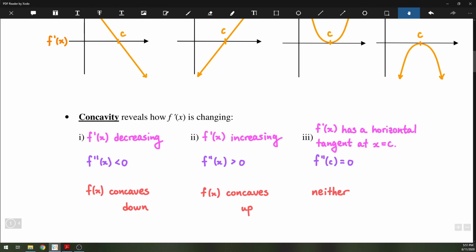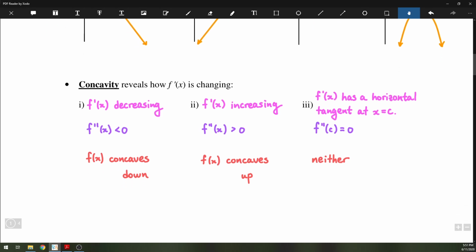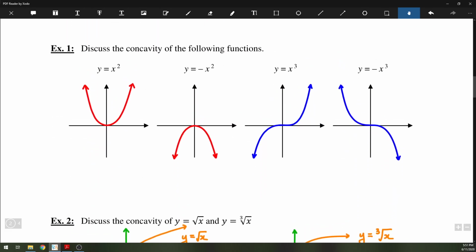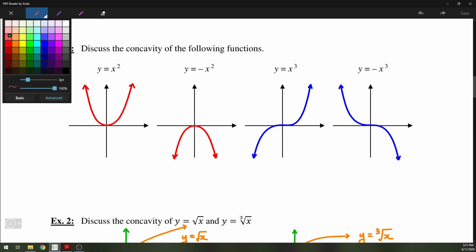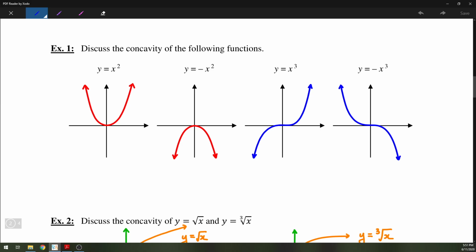Okay, so let's talk a little bit more about concavity. Our first examination of concavity was about the entire graph. As we can see here, y equals x squared, the entire graph concaves up from negative infinity to infinity. In the second graph, the entire graph concaves down, again from negative infinity to infinity.